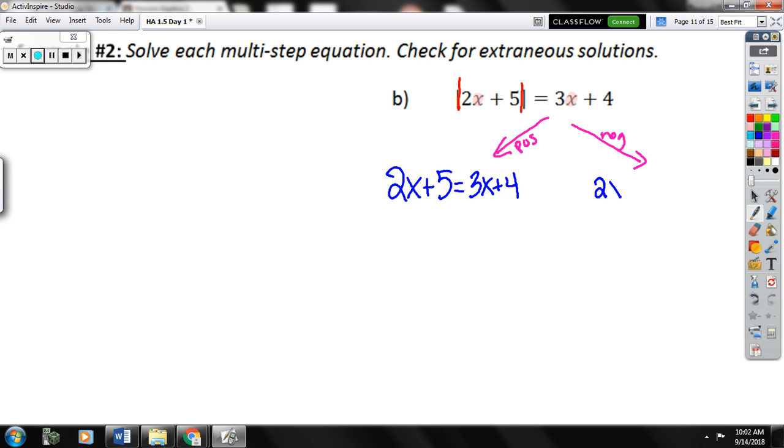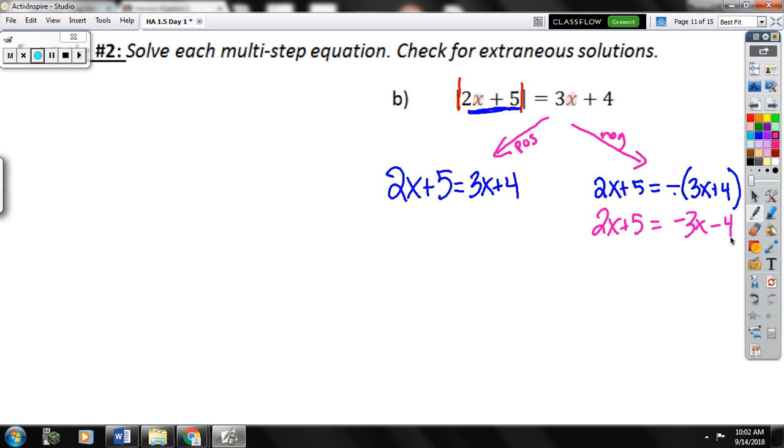So it'll be 2x plus 5. Remember, this part stays as is. You don't touch it. This will equal, and I'll write negative parenthesis 3x plus 4. If you prefer, you could just go straight to negative 3x minus 4, but you're taking the opposite of the whole expression. Okay, so that will get us 2x plus 5 equals negative 3x minus 4.